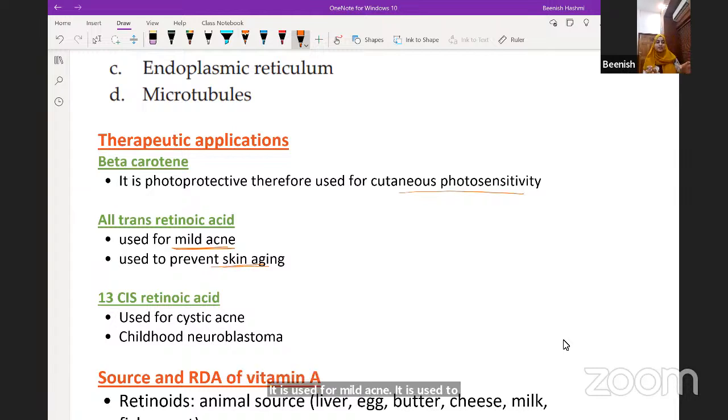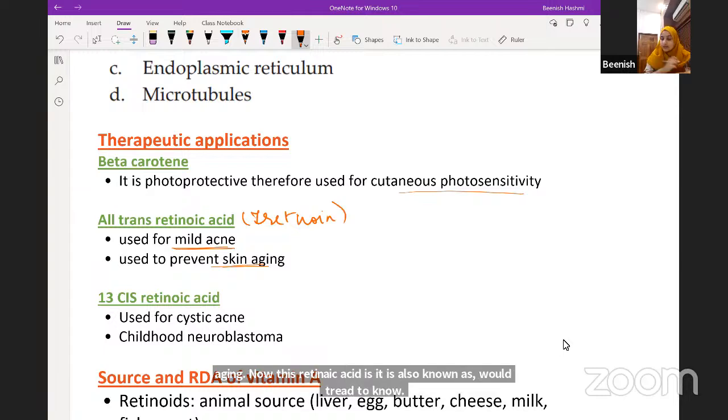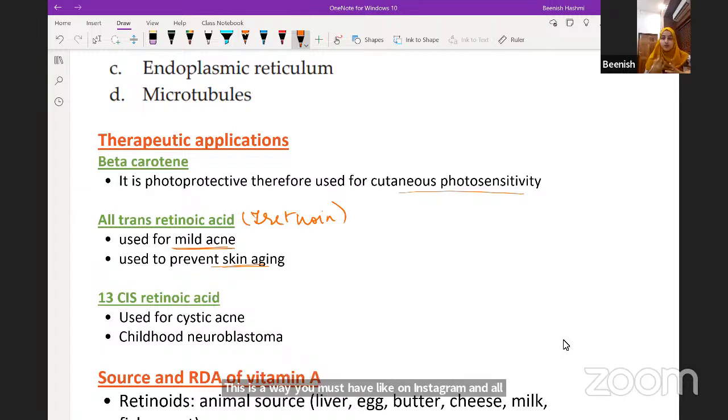This retinoic acid is also known as tretinoin. You must have seen dermatologists and skin influencers on Instagram talking about tretinoin, isotretinoin these days. But they're all prescription grade topical creams, so you cannot just use them like that.